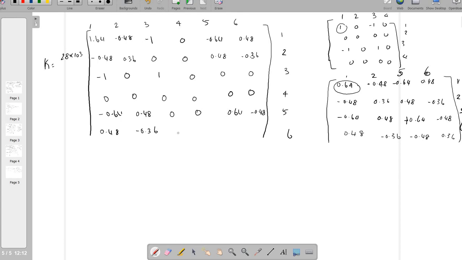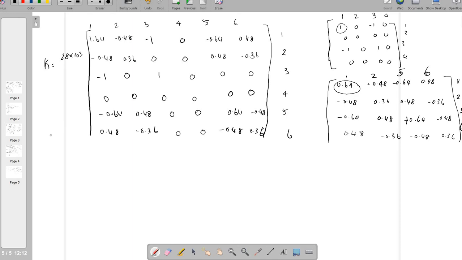There is no connection between 3 and 6, so 0, 0. 5 to 6 is minus 0.48. 6 to 6 is 0.36. So we have completed the global stiffness matrix.